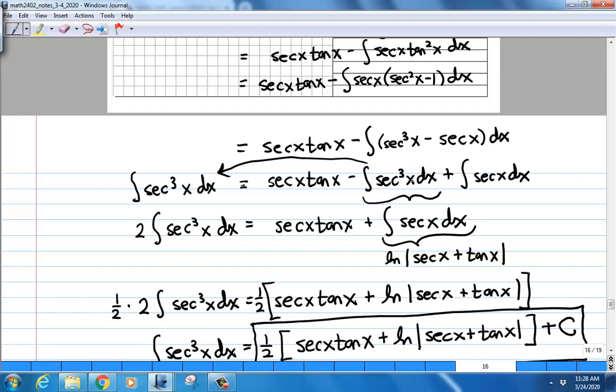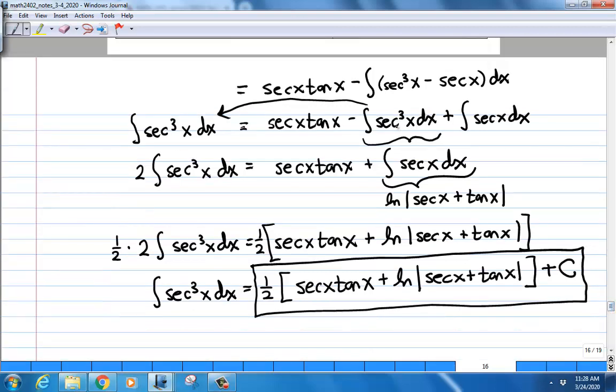So ultimately, that allowed us to determine what that antiderivative was, by moving this secant cubed x to the left-hand side to give us 2 secant cubed x, and then just multiplying both sides by 1/2 to get what the antiderivative of 1 secant cubed x is, which turned out to be this.